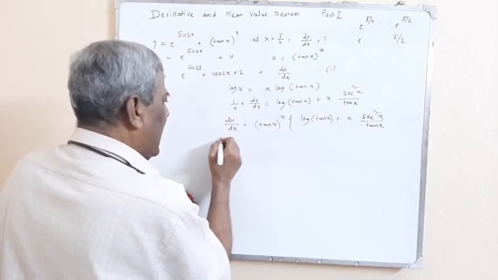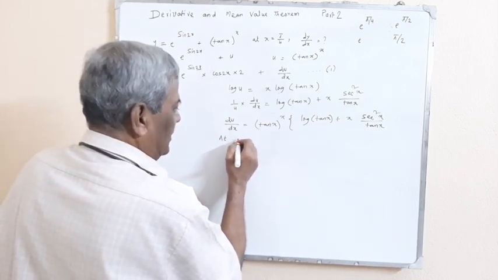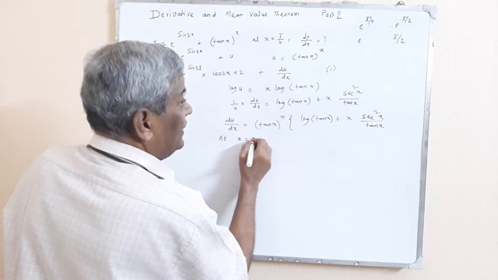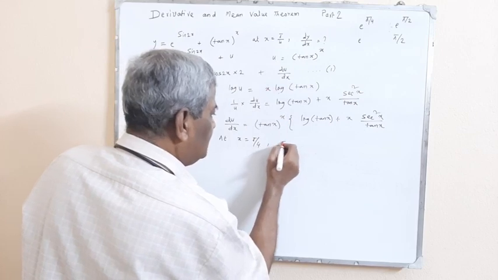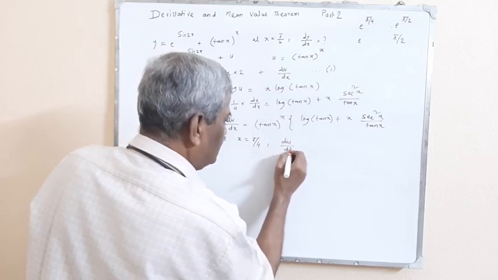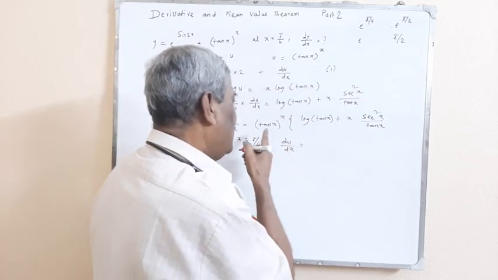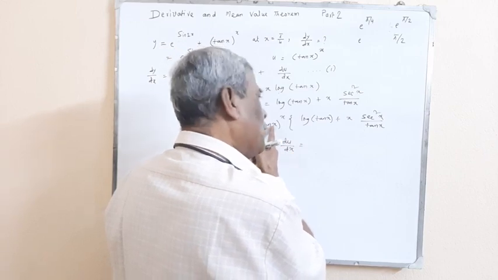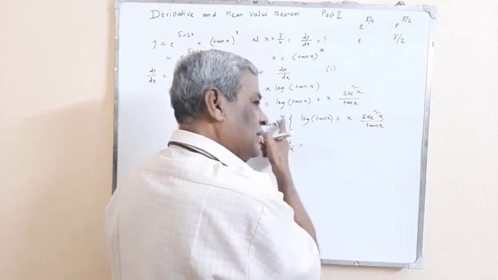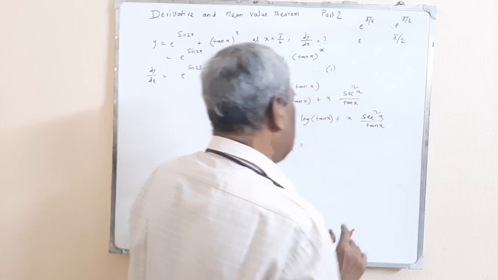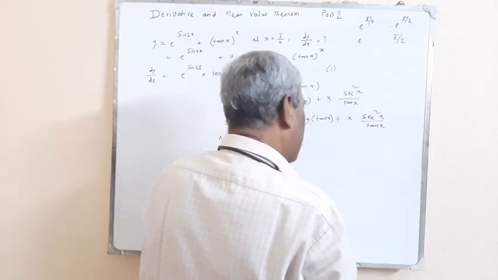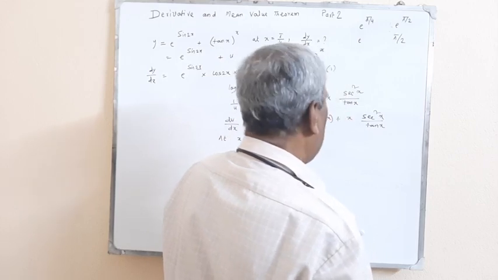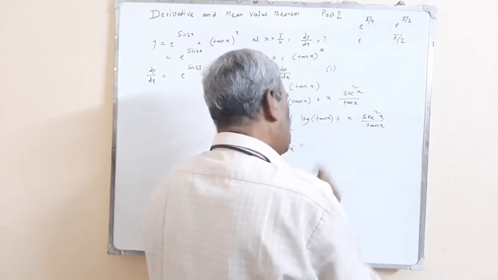Therefore, at x is equal to pi by 4, du/dx is equal to: tan pi by 4 is 1, so 1 to the power pi by 4 is 1. In the log part, tan pi by 4 is 1, and log 1 is 0.